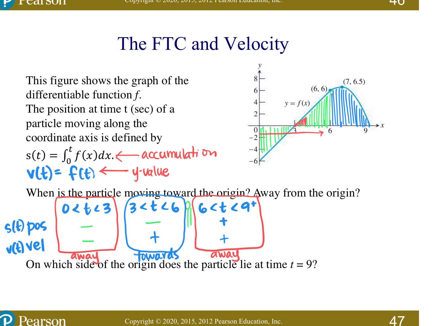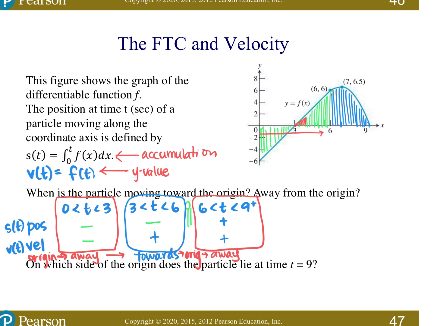So the particle started at the origin. If we kind of tell the story, it's starting at the origin. It moves away from the origin for a while. It turns around and moves towards the origin. It comes back to the origin right here in the middle. And then it moves away from the origin again for the rest of the time.